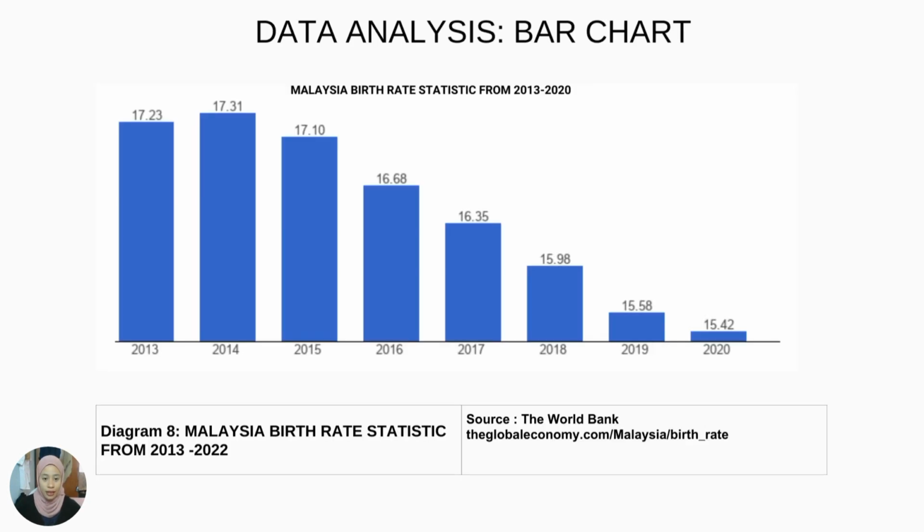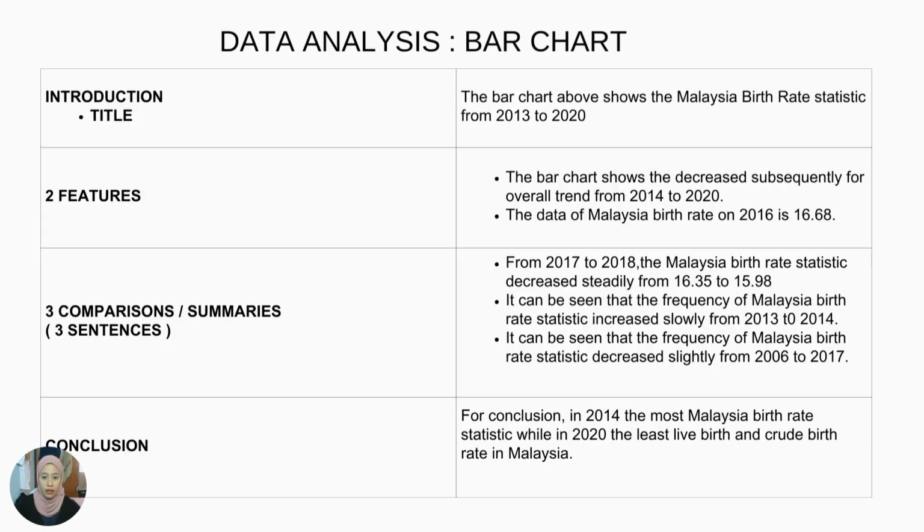Next, for the second graph is data analysis of a bar chart. The bar chart above shows the Malaysia birth rate statistic from 2013 to 2020. The bar chart shows a subsequent decrease for the overall trend from 2014 to 2020. The data of Malaysia birth rate in 2016 is 60.68.